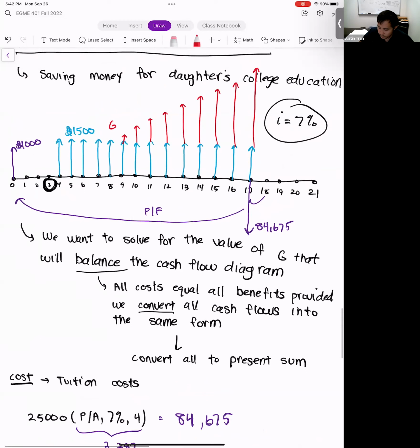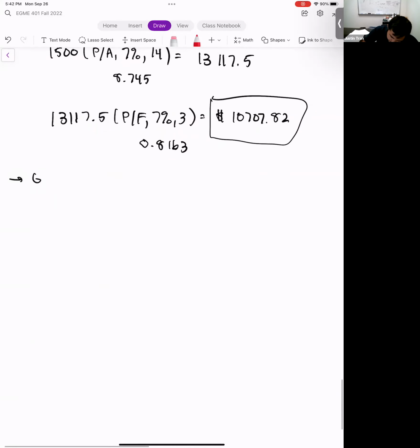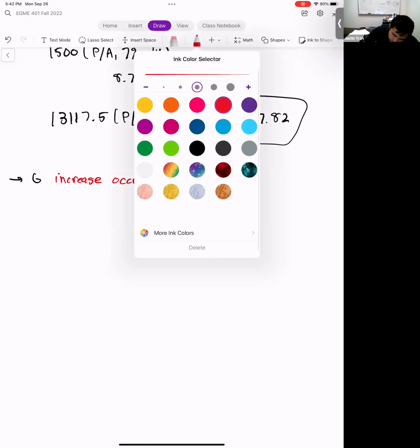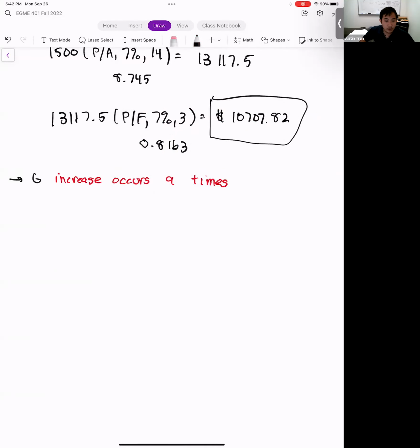And so, first of all, we need to count how many years that this gradient is going to take place. And so we have 1, 2, 3, 4, 5, 6, 7, 8, 9. Okay. And so the increase occurs 9 times. Okay.